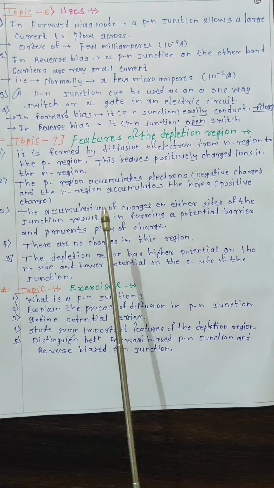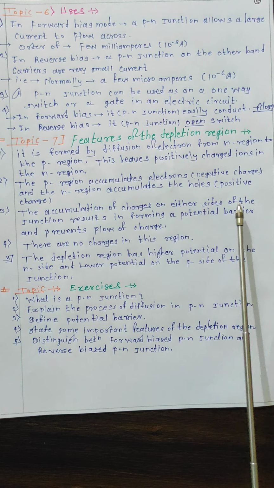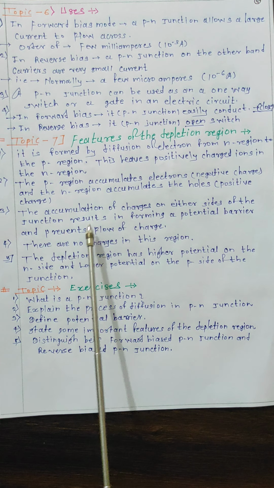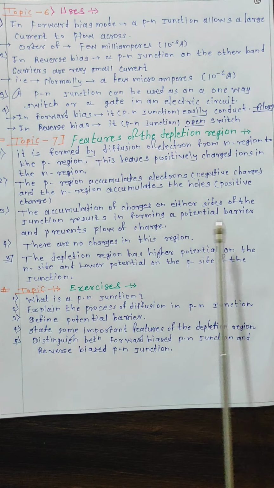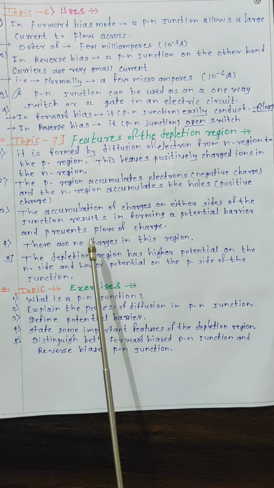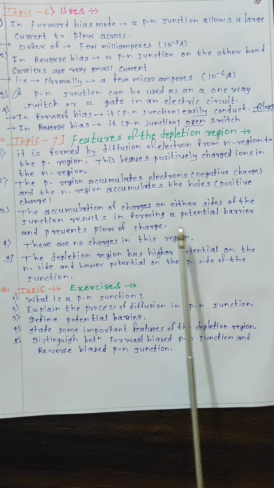Third, the accumulation of charges on either side of the junction results in forming a potential barrier, and it prevents the flow of charge.